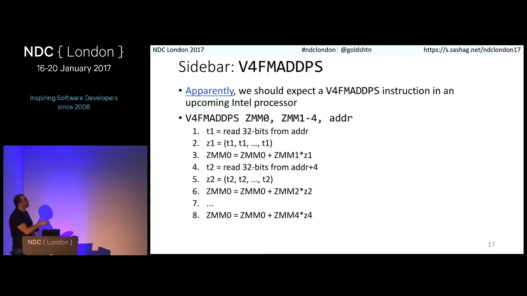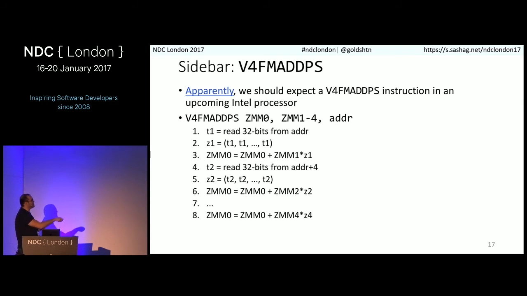And it's going to have the following syntax, where you would give it something called ZMM0, which, for example, in our case, could be a tuple of 16 floats. You would also give it 4 tuples of 16 floats, so a total of 64 floats in here and 16 floats in there. And you would give it a memory location.